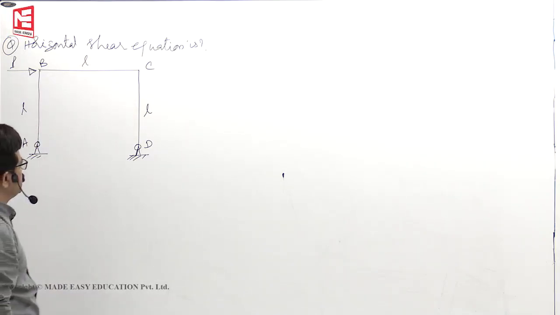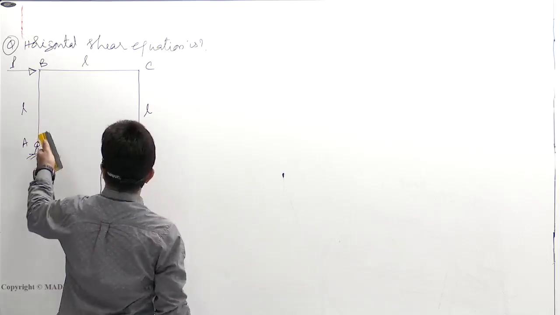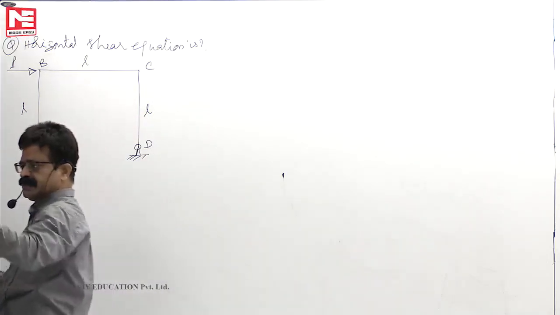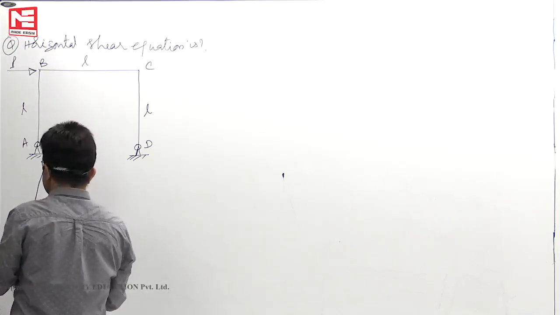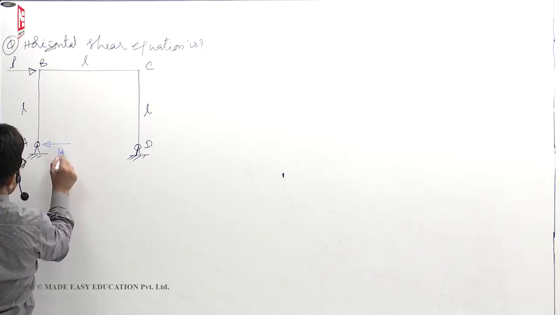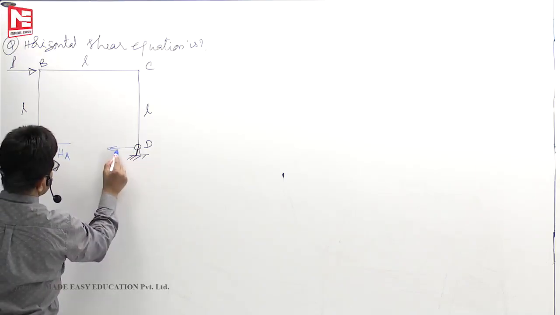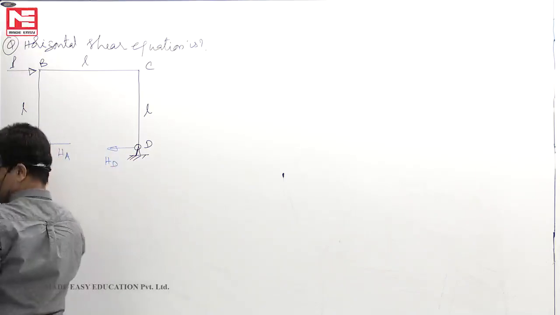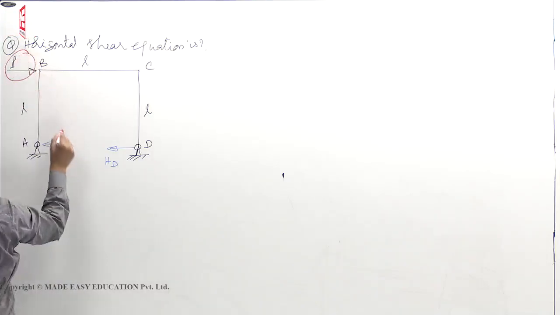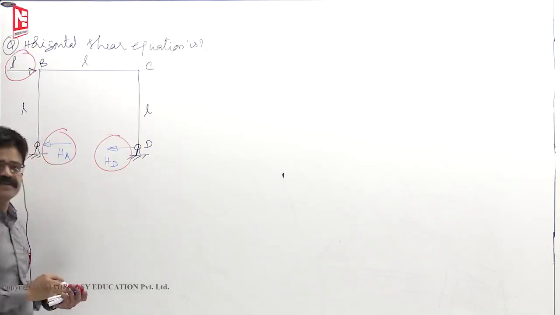Okay, horizontal shear equation. Now we have to draw the free body diagrams of all members. Now you see, horizontal shear equation means P, when you are pushing it to the right side, reaction will develop HA, here also HD. So sigma x equals 0 means P, HA, HD sum must be 0.